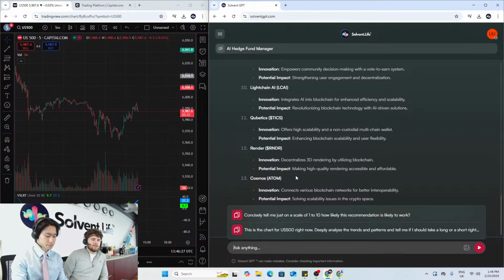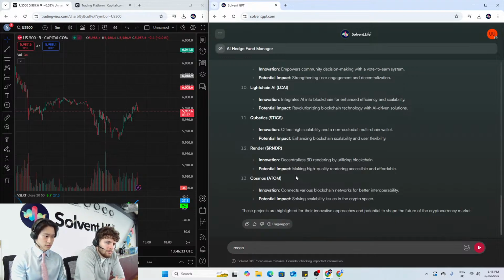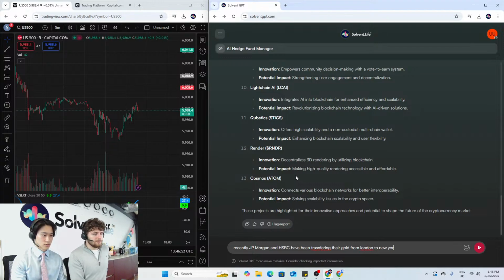So we could go about saying, recently JP Morgan and HSBC have been transferring their gold from London to New York.